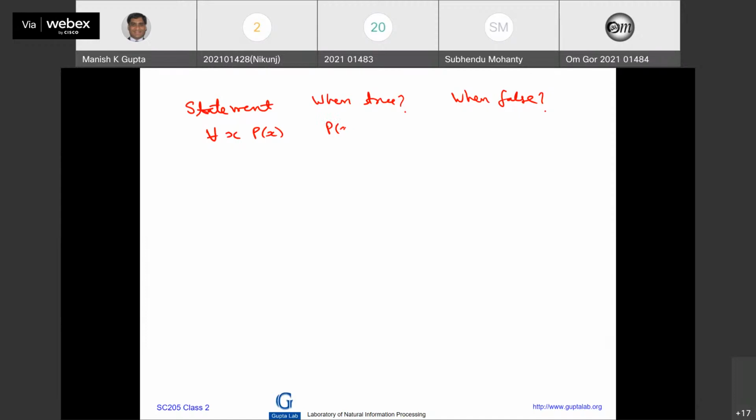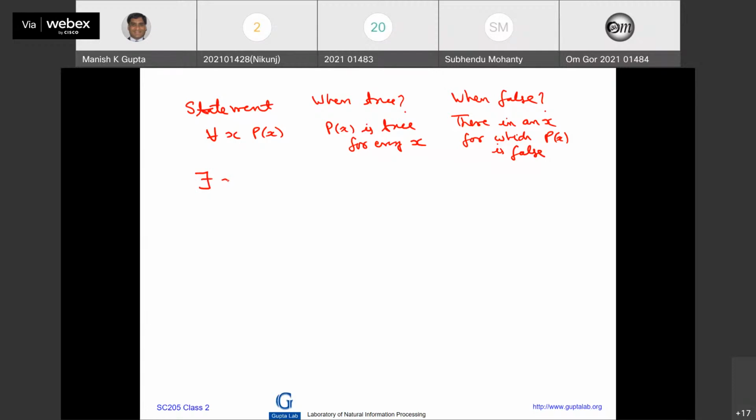That means P(x) is true for every x. When false, there is an x for which P(x) is false. Right? If this is the statement, for every x, P(x), right?